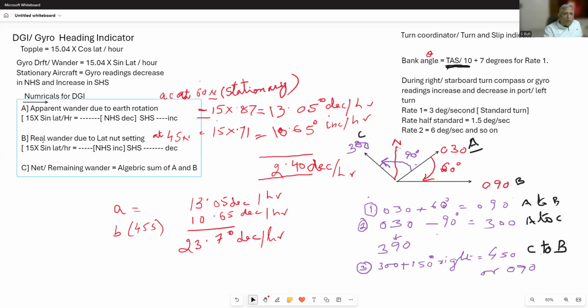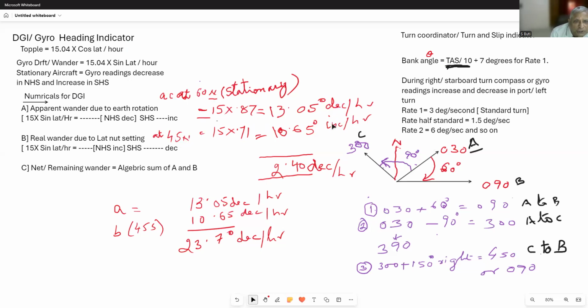The latitude nut creates a real wander. It actually moves the gyro axis: 15 into sine of latitude per hour. In this case, he set the latitude at 45 north. 15 into 0.71, I've taken it up to second decimal, 10.65 degrees per hour increase given by the latitude nut.